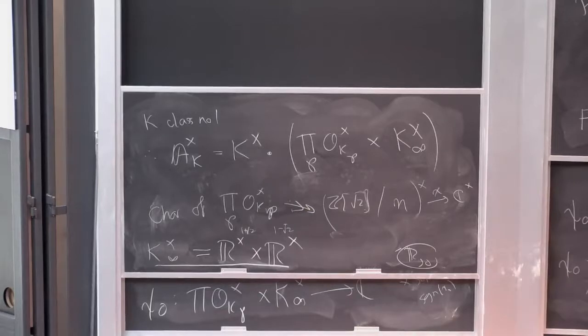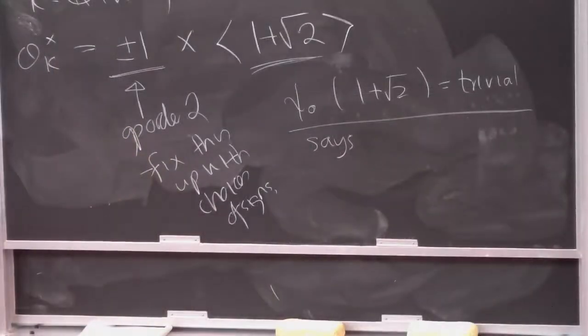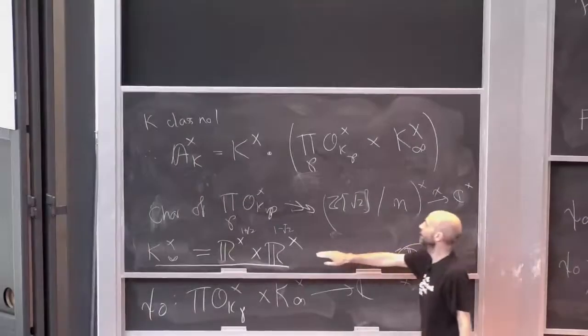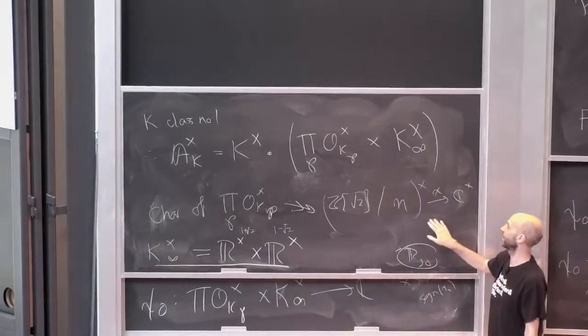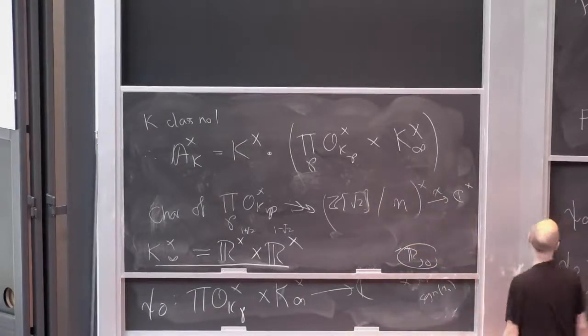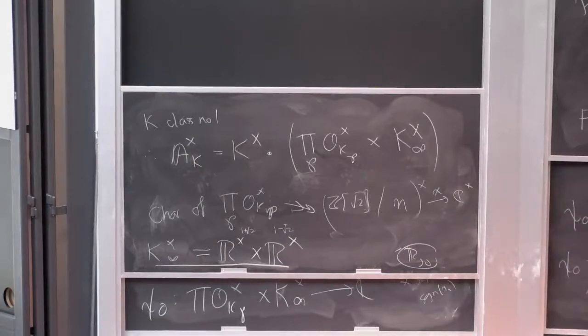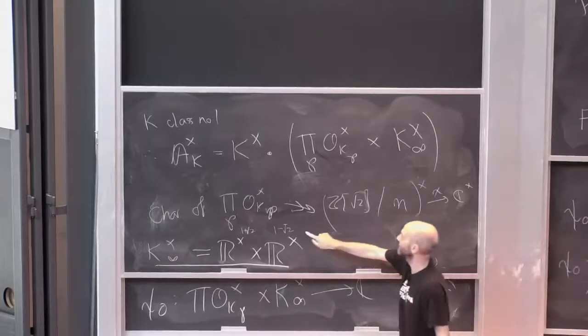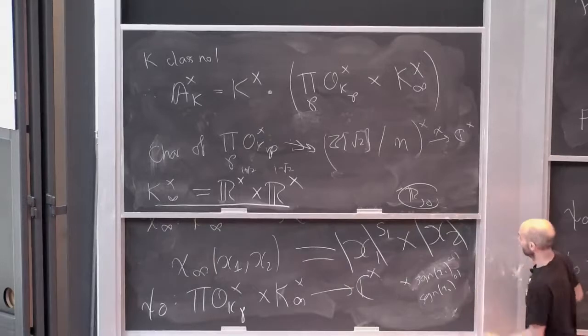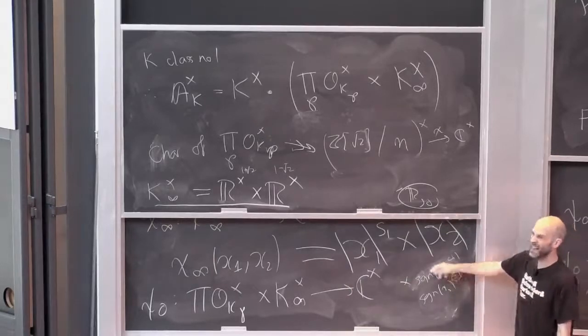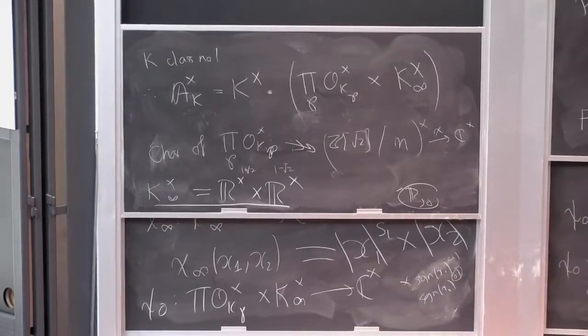Okay? So it seems to me that at the finite places, there's just some finite amount of noise, right? There's some kind of generalized Dirichlet character, and this will just go to some root of unity. And then at the infinite places, there's also a certain amount of noise because 1 minus root 2 is negative, so the sign of 1 minus root 2 is minus 1. So there's some choice of a plus or minus 1, and that's a little bit of noise as well.